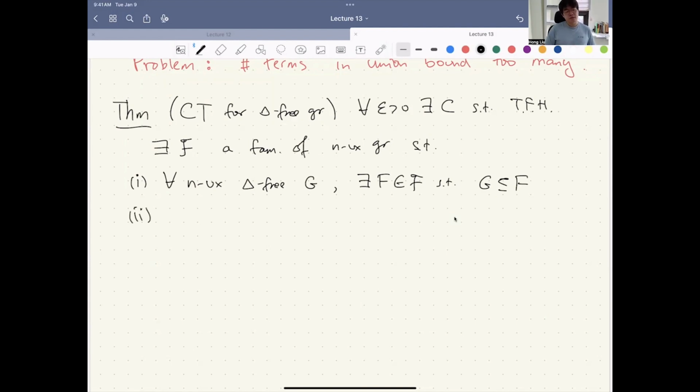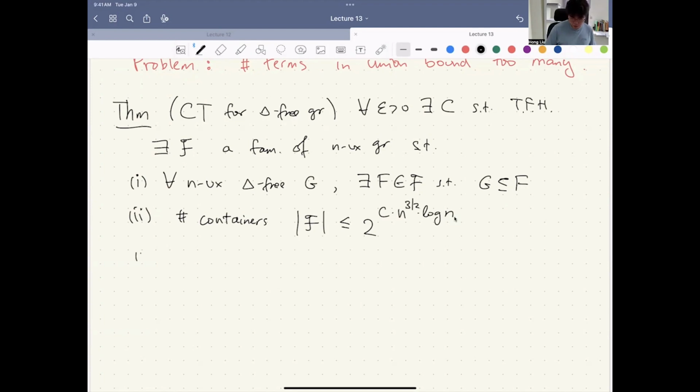Second, the number of containers, there are not so many of them. The size of the family F is at most e to the some constant times n to the 3/2 times log n.